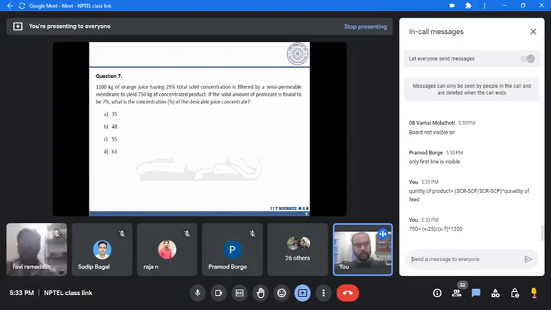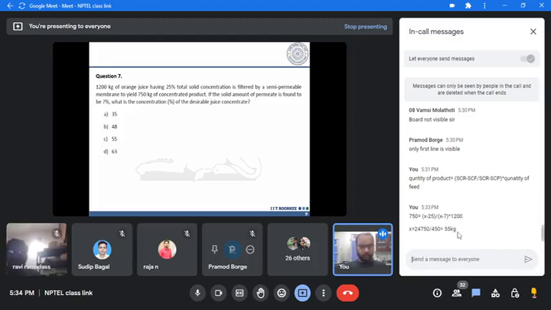After solving this equation, what you will get, x equal to 24,750 upon 450. So by this you will get 55 kg. So this is the answer. So what is the answer for the question? The answer will be 55 kg. Has anyone got this 55 kg?